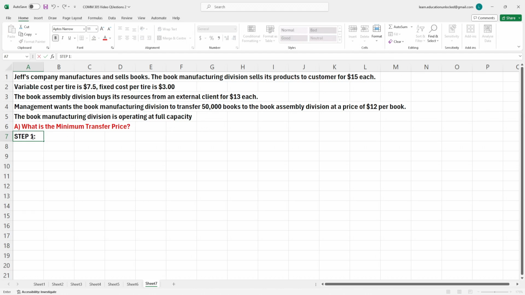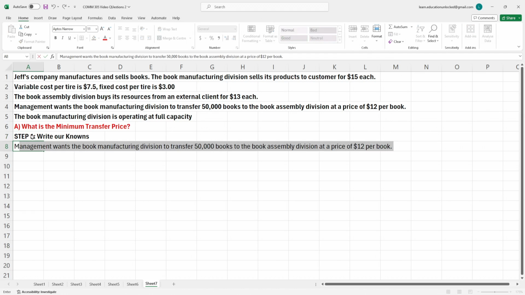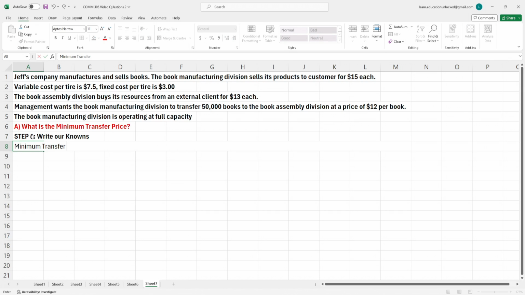So step 1, let's write our knowns. So minimum transfer price, if you guys remember the formula, it's variable cost per unit plus opportunity cost. All right, I'll put that.